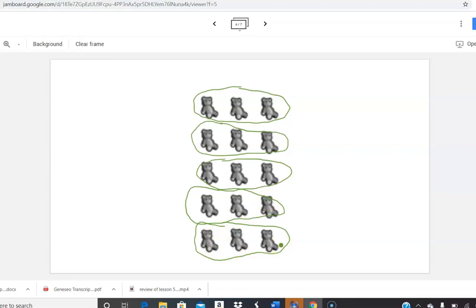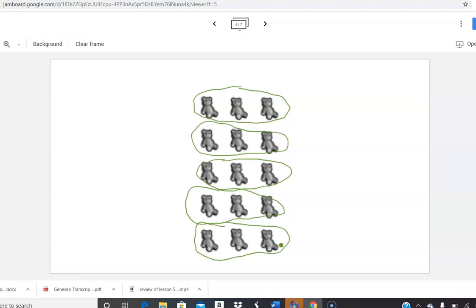Notice that all of these groups or rows have the same number in each row. They are all equal groups. Now, what if I said that I wanted you to add 1 more row?